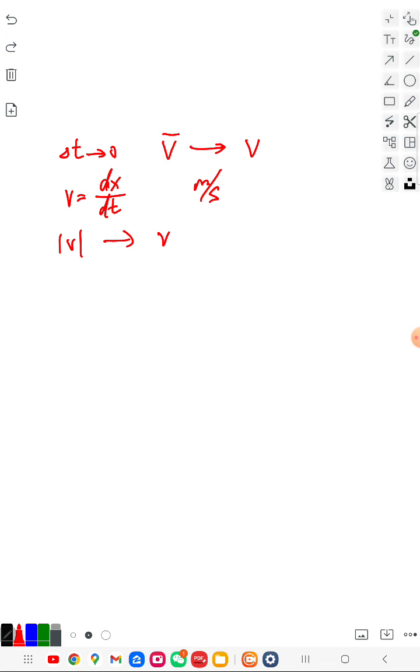In any case, velocity will change with time. So in the same way we introduced velocity, we can introduce an average acceleration. That means the change in velocity divided by the change in time, just as we introduced the change in displacement divided by the change in time.